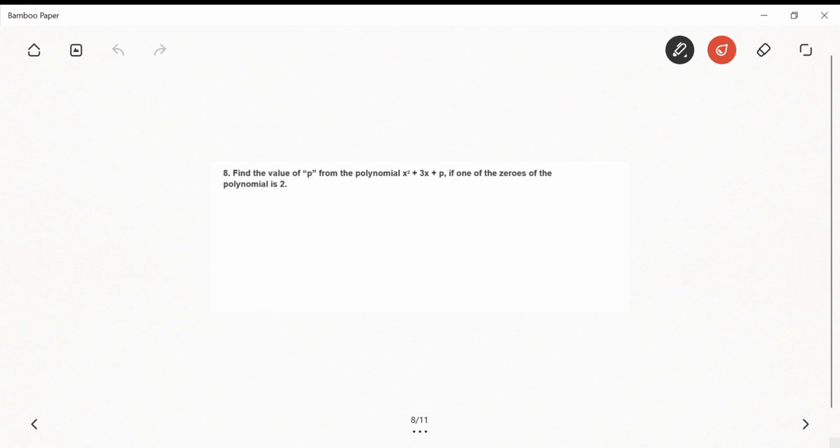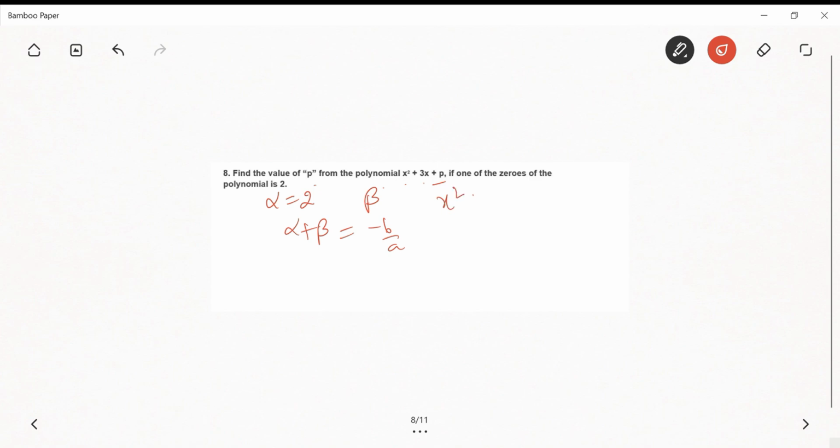Find the value of p from the polynomial x square plus 3x plus p if one of the zeros of the polynomial is 2. Okay, so here see what is given to you. One zero is given to you. Let's say alpha is 2, but beta is not given to us. Now we will apply the concept alpha plus beta is equal to minus b by a.